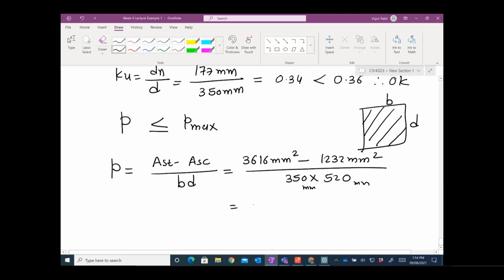So you get the reinforcement ratio is 0.0131.